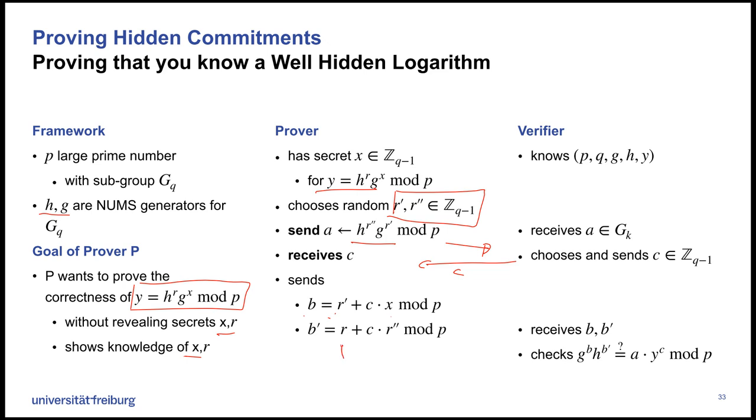So B prime is secured by this R prime prime here. So this is a random number chosen here. So this R prime prime saves somehow the exponent from R. It's multiplied with a random number, and this R prime is also a new random number. So we have two random numbers which secure these two exponents we give away.